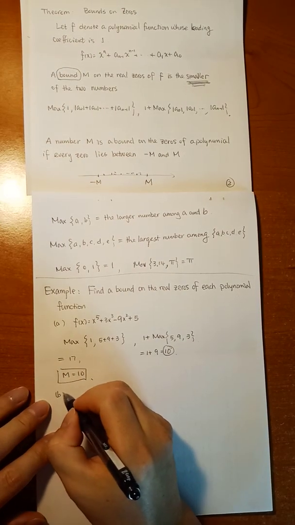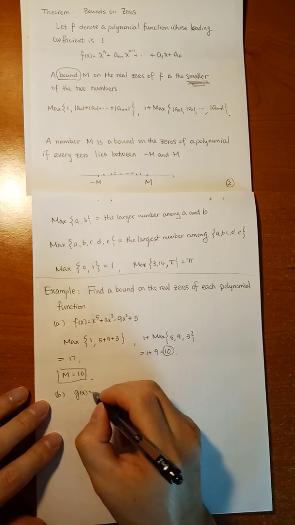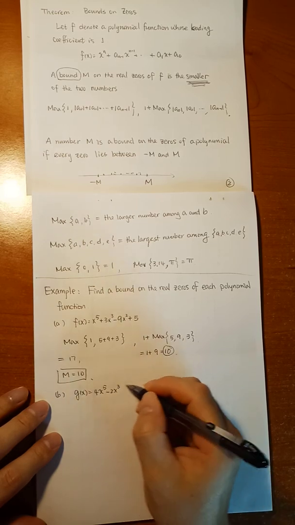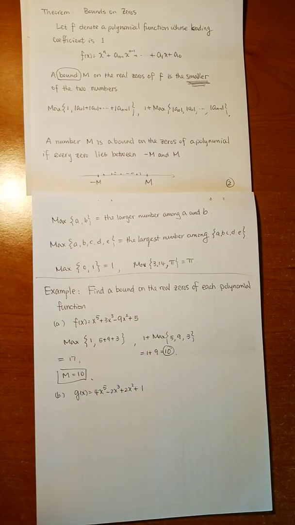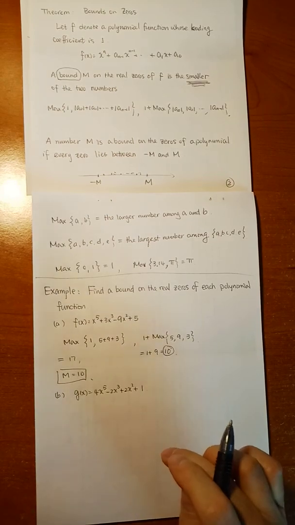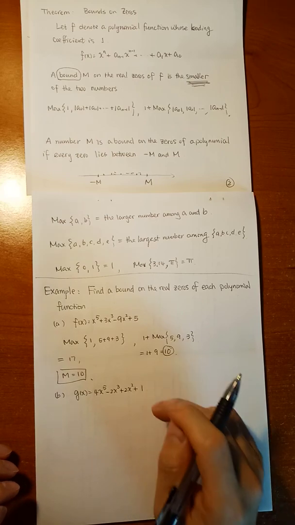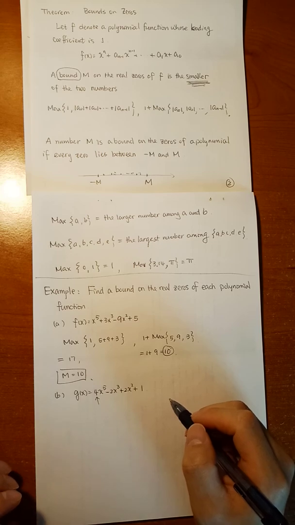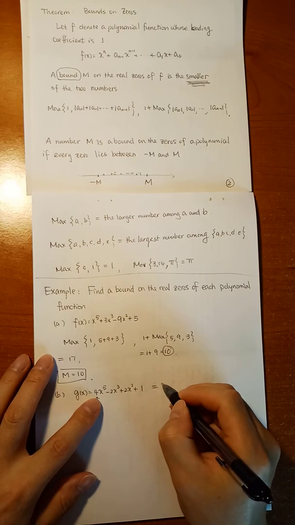Let's see the other one. g(x) is equal to 4x^5 minus 2x^3 plus 2x^2 plus 1. First of all, you cannot directly apply the theorem for this polynomial function, because the leading coefficient is not 1. Since it's not equal to 1, we factor out the leading coefficient.